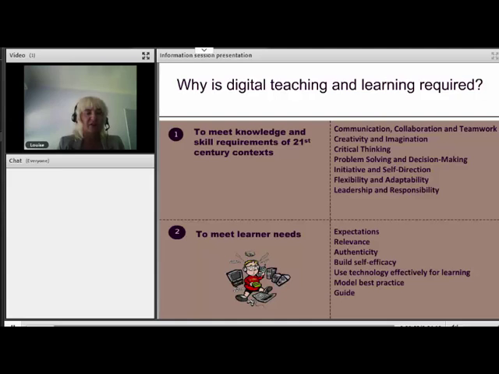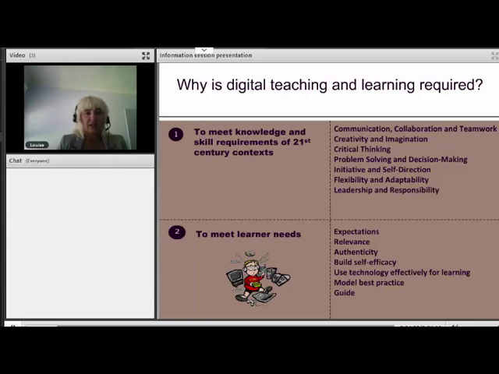They need to have creativity and imagination in the workplace, be able to think critically, problem solve and make their own decisions. They need to know how to get information, where to find it, be self-directed, flexible and adaptable depending on the environment at the time, and there are more leadership skills required now than ever before.